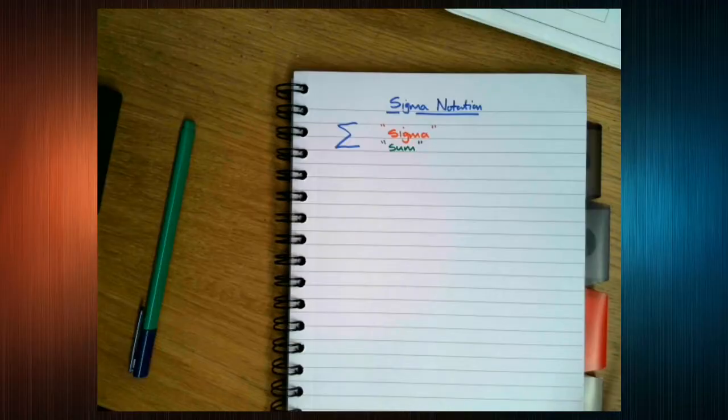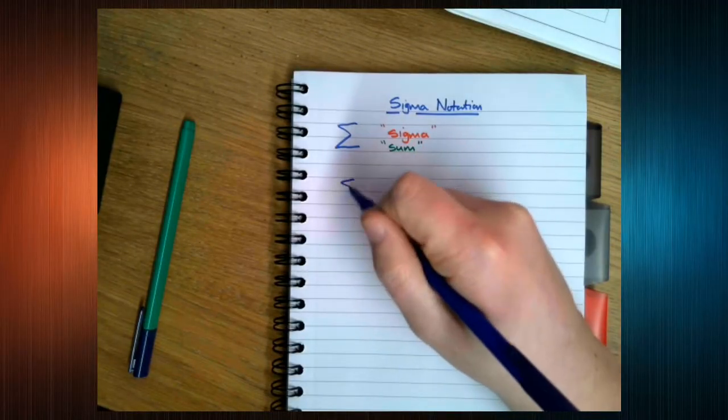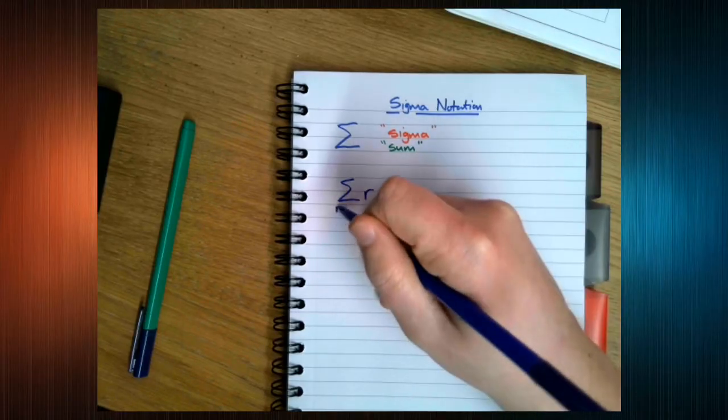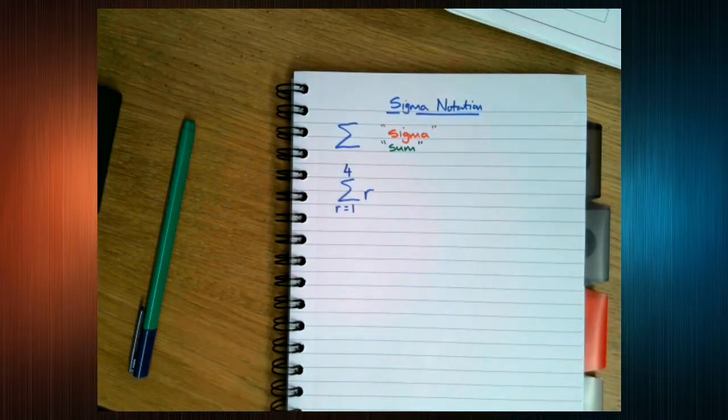Now, what we're going to do with this is we're going to say something like sigma of r from r is 1 to 4, for instance.